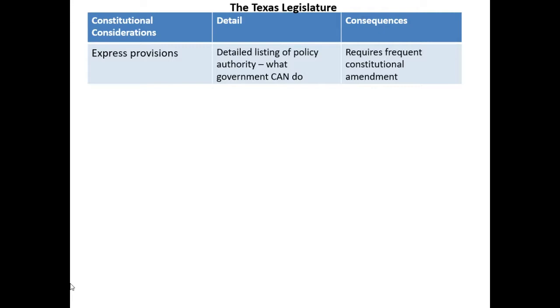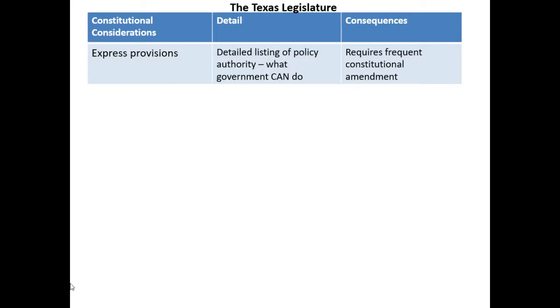But what I really want you to think about right now is the general implication of that. What it really does is impose, through this process of policymaking by constitutional amendment, a limitation on the legislature. It's as if from the very beginning, when was the beginning when we talk about the Texas Constitution? 1876, okay?